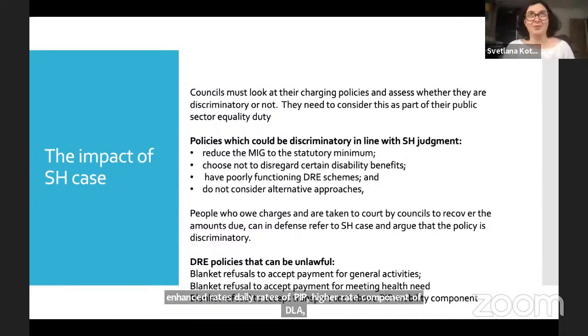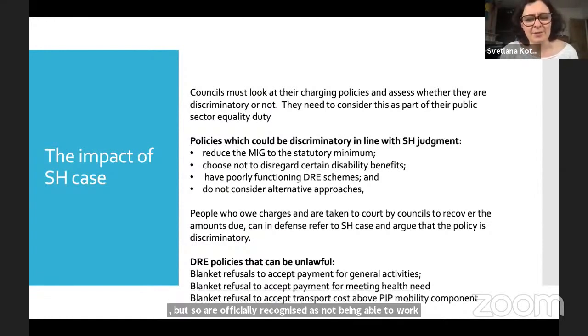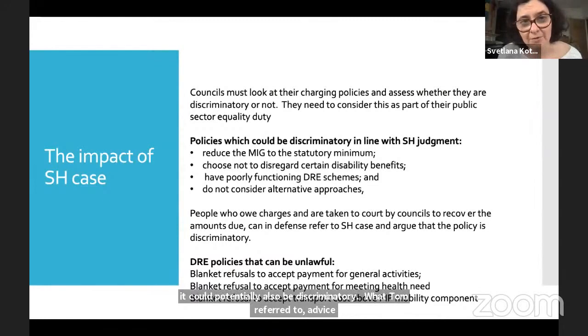Well, pensioners won't be on ESA, but they are officially recognized as not being able to work. So they are discriminated against. And if a policy has a disproportionately negative impact on this group of people, potentially this policy could also be discriminatory. So what Tom referred to is the advice that the lawyers who ran this case gave about other local authorities.